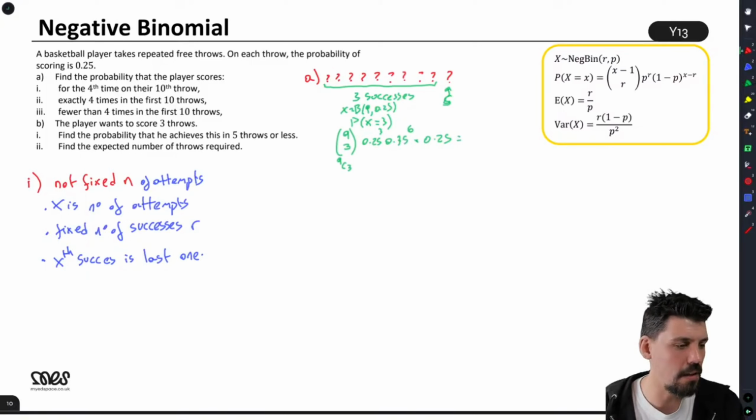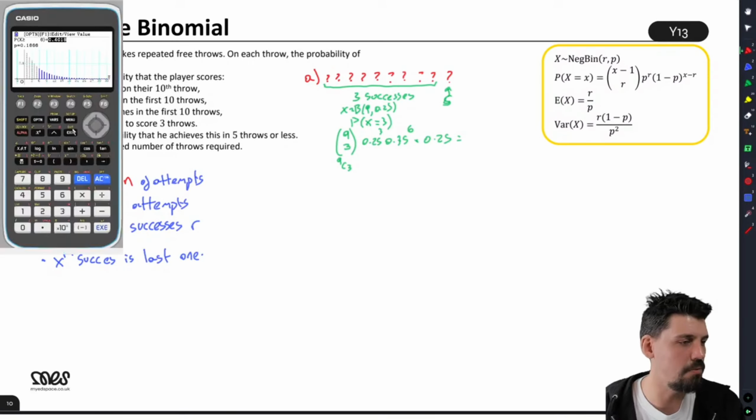I don't think the CG50 treats the negative binomial as its own thing. I don't think it's in here anywhere. No, it doesn't. So we're going to have to do it like grown-ups.